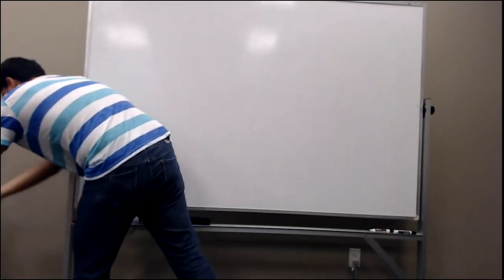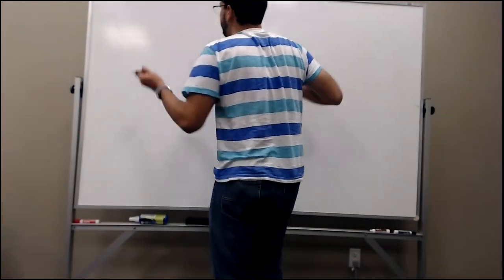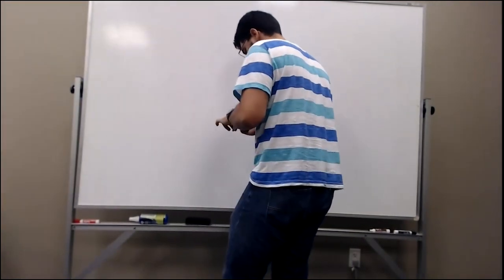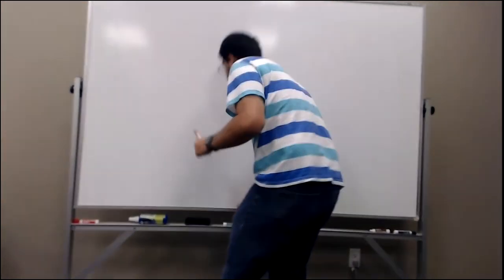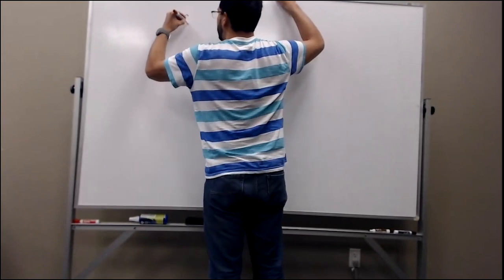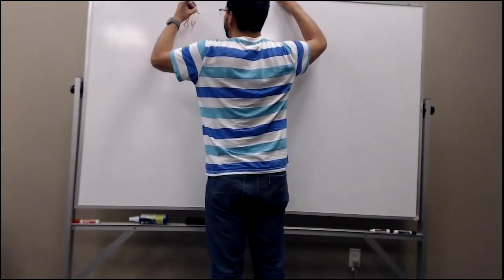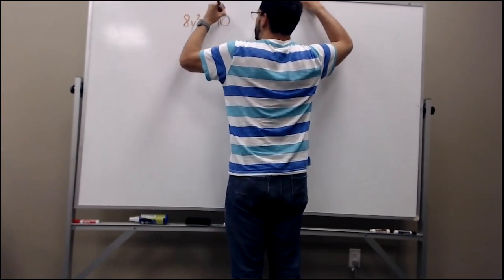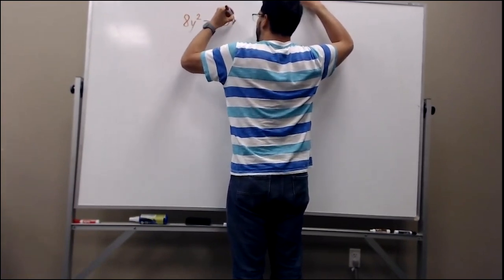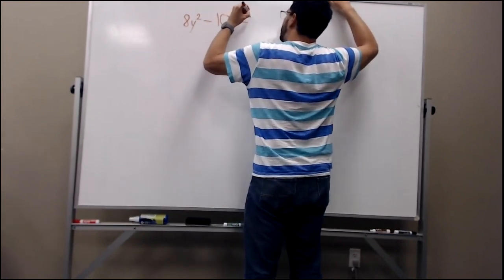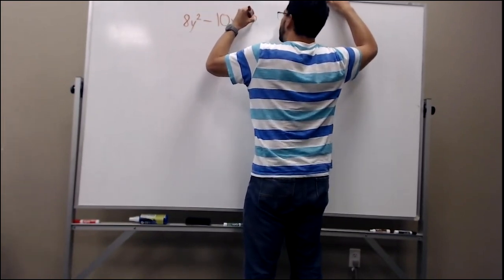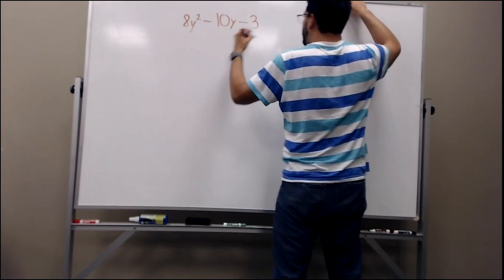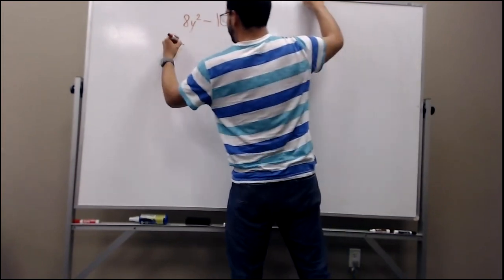Okay, I will read it for you. 8y to the power of 2, minus 10y, minus 3. So first write two parentheses. Where should I put it here? Doesn't matter.